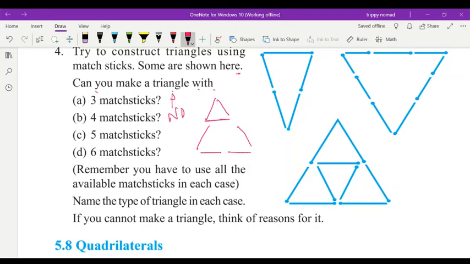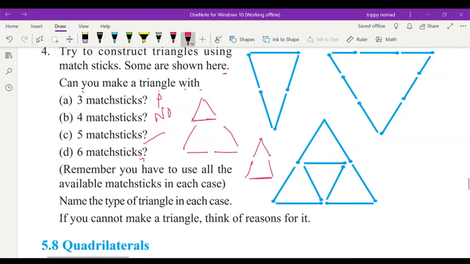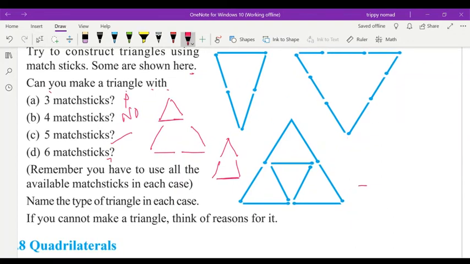With 5 matchsticks can you make one? Yes, we can make with 5 matchsticks, because 2 here we will use and 1 here we will use. And 6 matchsticks: yes, with 6 also an equilateral triangle we can make, with 2, 2 and 2. So it will be equilateral.